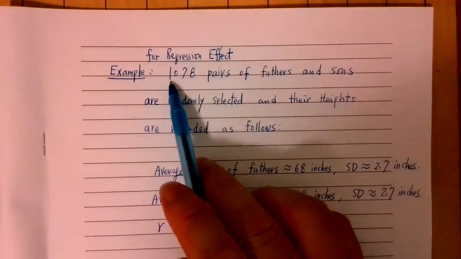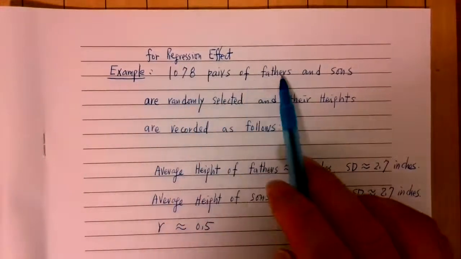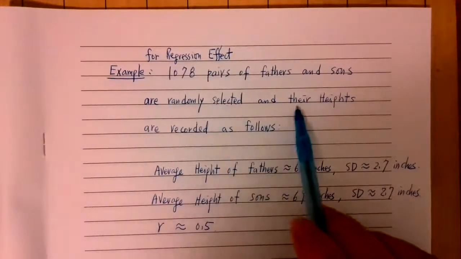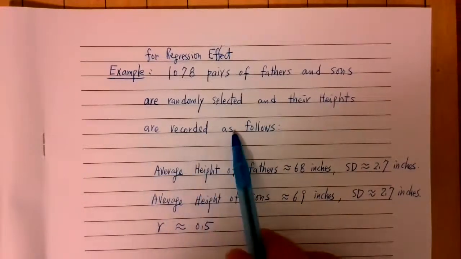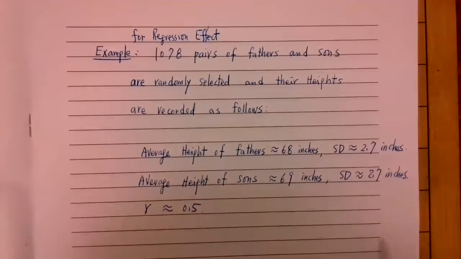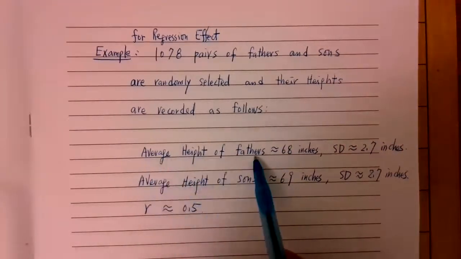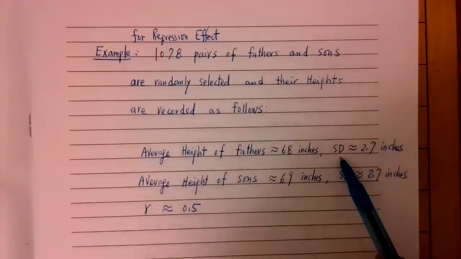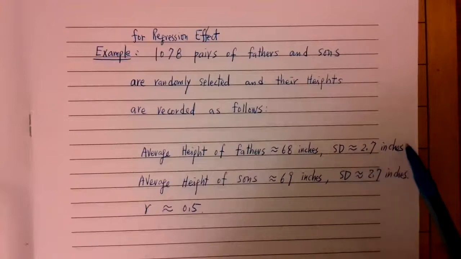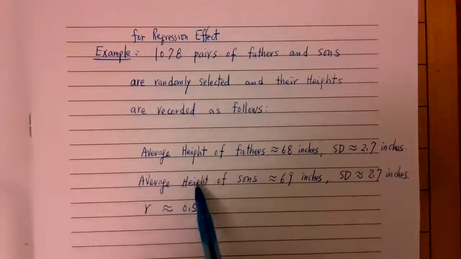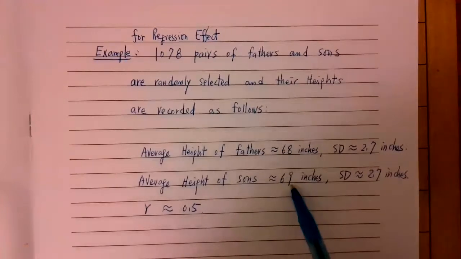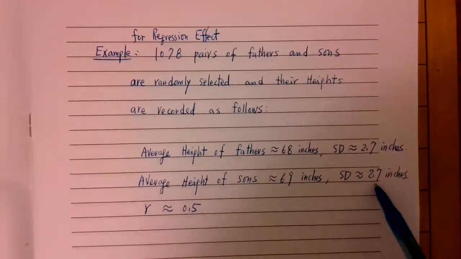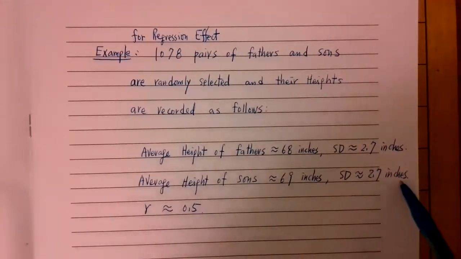Example: 1,078 pairs of fathers and sons are randomly selected, and their heights are recorded as follows. Average height of fathers, about 68 inches tall. Standard deviation of fathers, about 2.7 inches. Average height of sons, about 69 inches tall, and standard deviation of sons is about 2.7 inches.